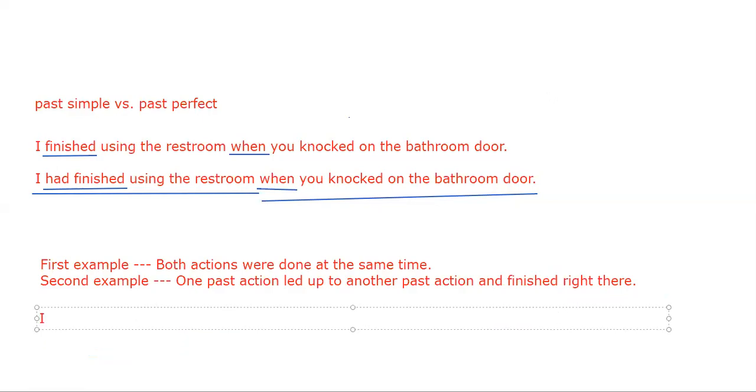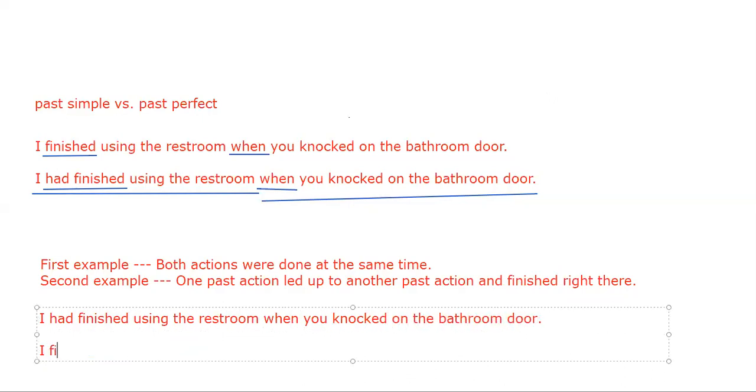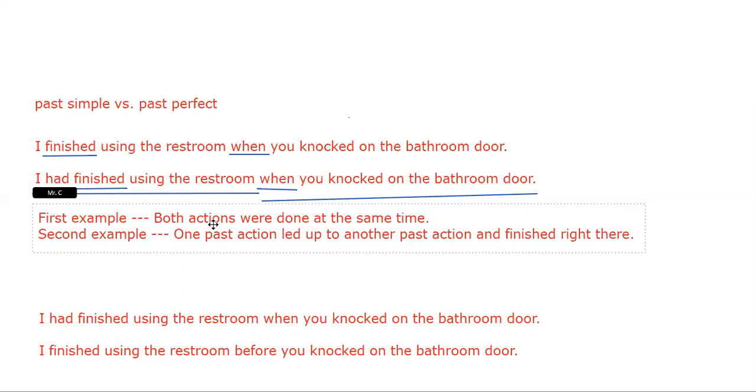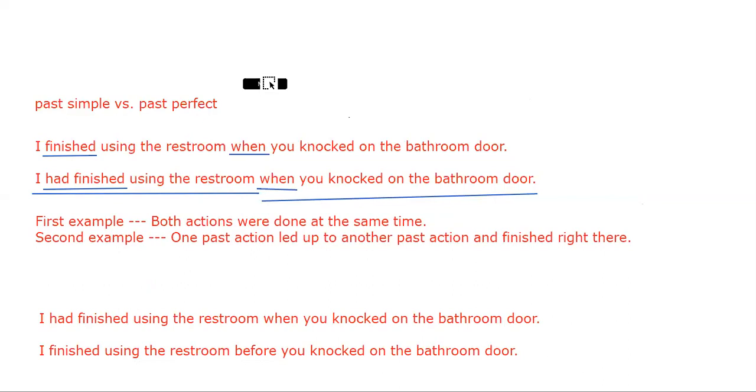So let's reuse the example we had. I had finished using the restroom when you knocked. Okay. So let me move this out of the way. So we have two examples here, right? I had finished using the restroom when you knocked on the bathroom door.